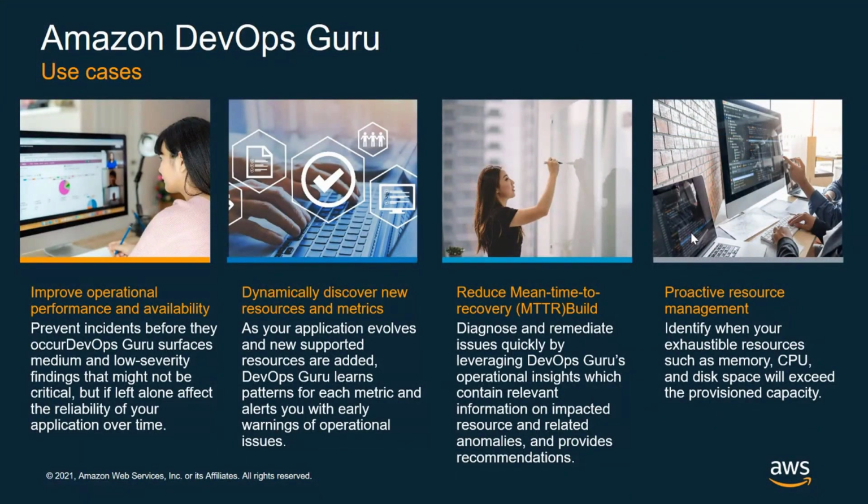So what types of use cases do we see Amazon DevOps Guru taking a good strong hold on? First, improving operational performance and availability. So as I was mentioning before, there's a lot of noise in the system, and it's hard to separate what's critical and what's not critical. And the example that I just walked you through in the demo is the type of intermittent issue that could be impairing your application availability, but can be very difficult to spot.